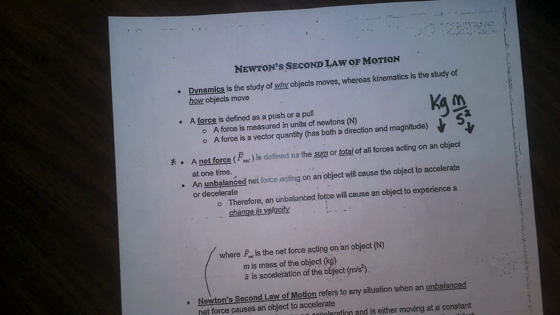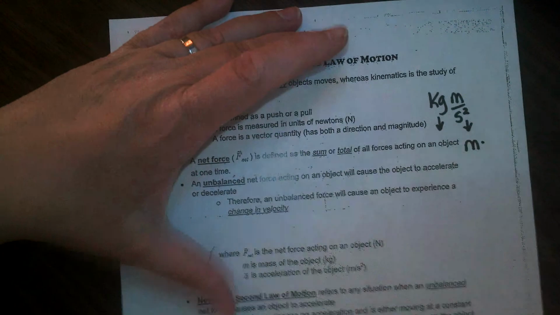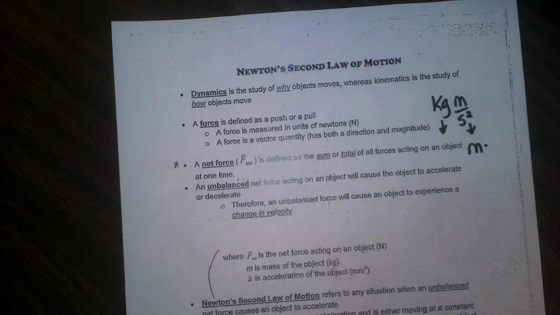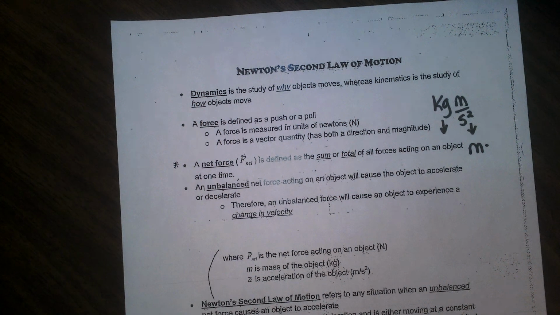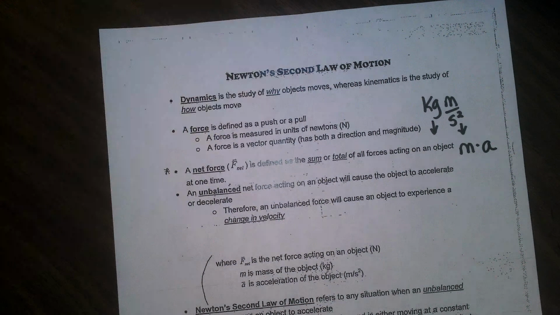That is a mass. What letter represents it formulaically? M. So M. And what letter represents meters per second squared? Acceleration. So from our unit, we just built a formula for force.